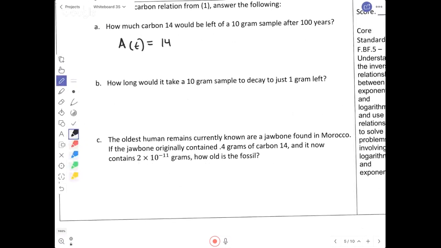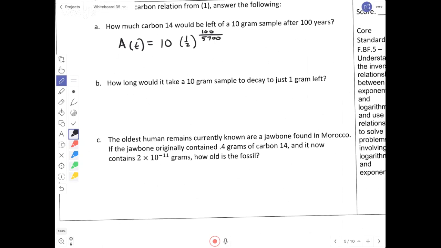No, sorry, 10 grams. The initial amount is 10 grams times 1/2 to the time input, 100 years out of 5,700 years.